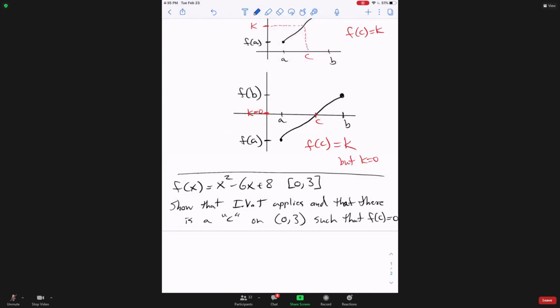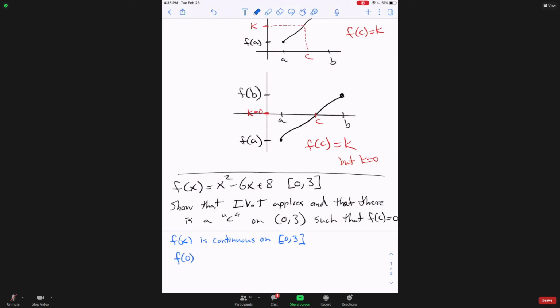First thing you want to do is, well, you can just say f of x is continuous on 0, 3. You don't have to prove it. It's a parabola, it's a polynomial, all polynomials are continuous on the whole real number line, but you can just say f of x is continuous on the closed interval 0, 3, that's good. Now, let's figure out what f of a and f of b are.